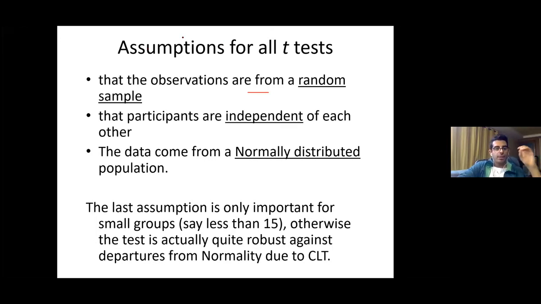The assumption for all t-tests is that the observations are from a random sample and that participants are independent of each other. This is obviously how it has to be. What they mean by this is not independent samples t-test. What they mean is participant 1 is different from participant 2, different from participants 3 and 4 within the same group.